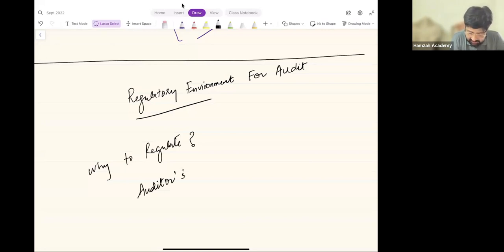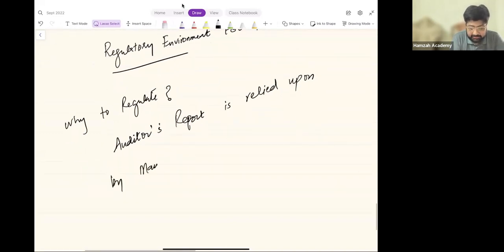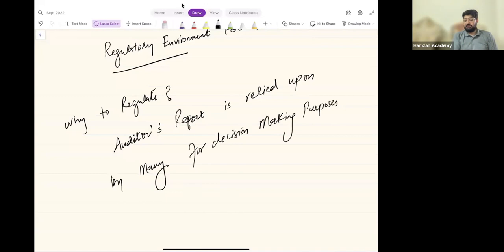The auditor's report is relied upon by many shareholders, banks, investors, authorities, for decision-making purposes. And if the auditor's work is inappropriate, all those decisions which are being taken will be misguided.